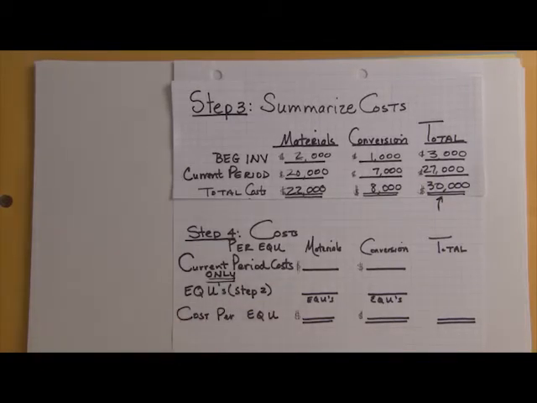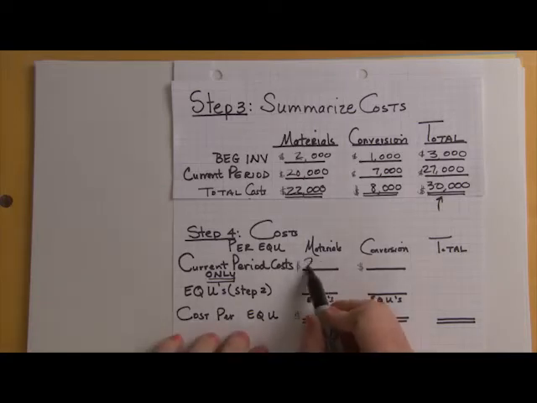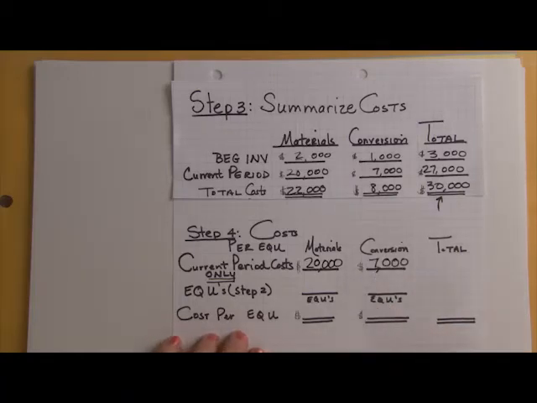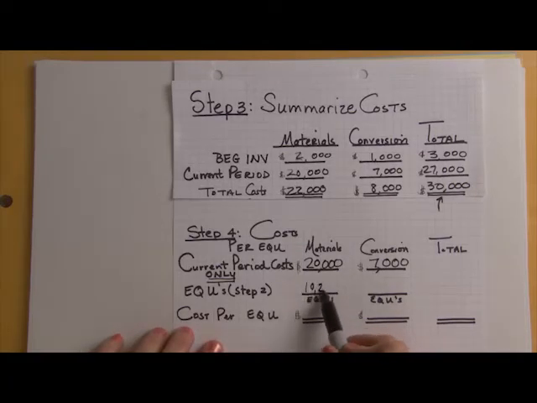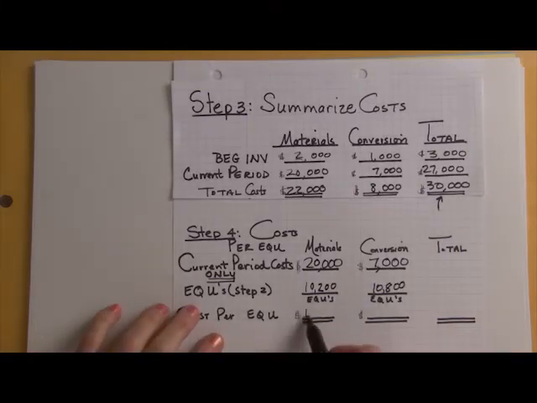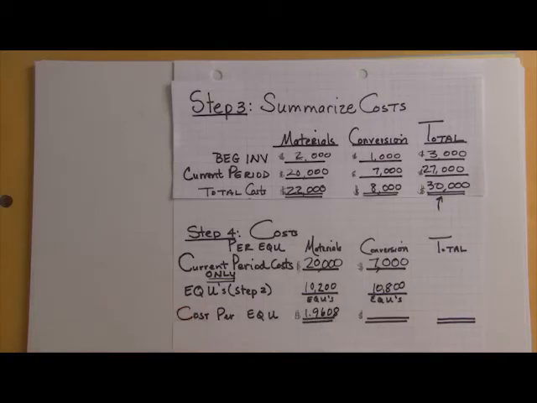Now let's look in step 4, and this is extremely important. We will only take the cost of the current period for use in computing the cost per equivalent unit. So only current period, because the work, the equivalent units represented only the current period. So we need to be consistent between the cost and these EQUs that we will bring in from step 2. So we will get 1.9608 for the cost per equivalent unit for materials.